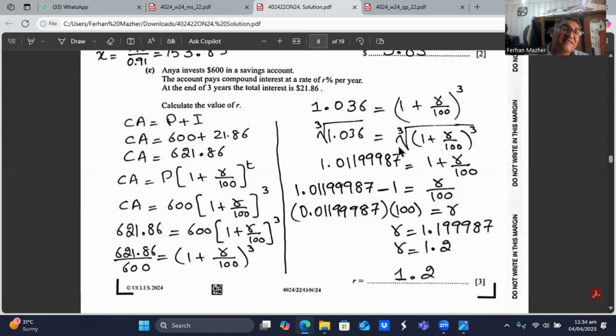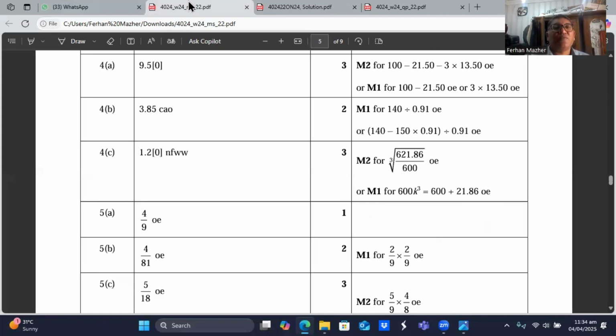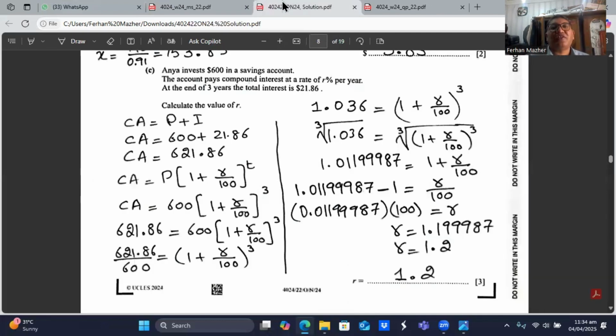Bring this 1 to this side, it will subtract here. 1.0119987 minus 1 gives 0.0119987. Bring that 100 to this side, it will multiply. So now you will have 1.19987, which is approximately 1.2. So the rate of interest is 1.2%. And this is question number 4, C part. 1.2% is the right answer.